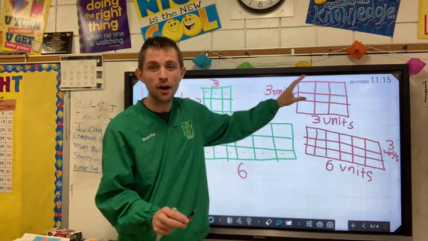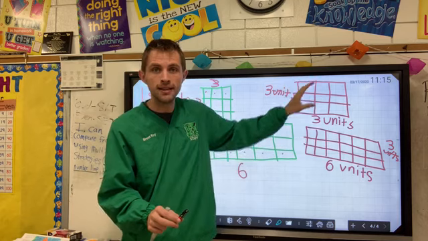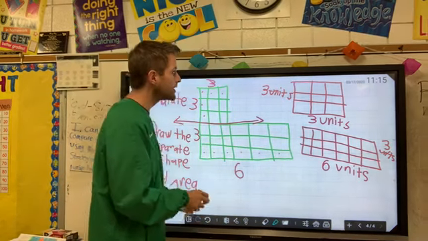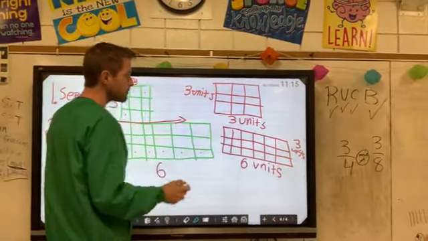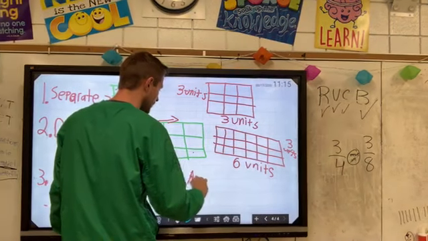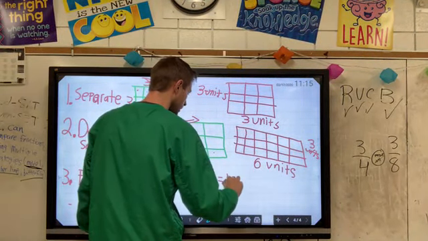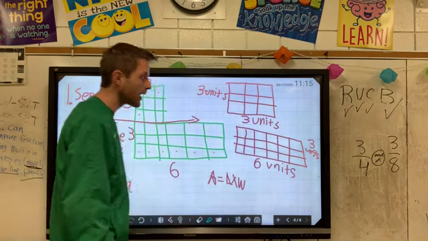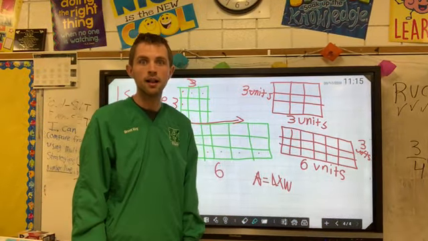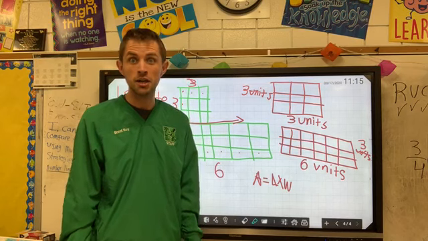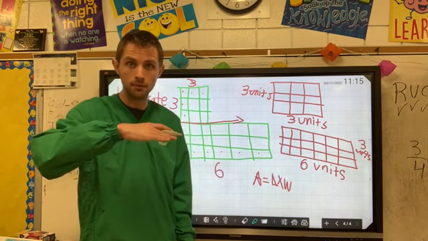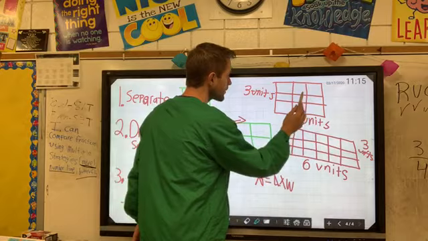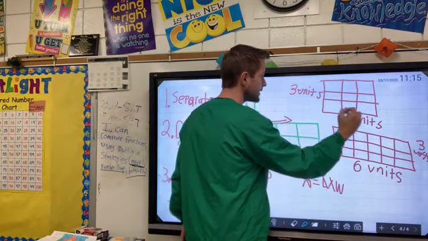Now we're finding the area of both of these figures. Since I have the length and the width of the square, remember area is length times width, because it's almost like an array. Area looks a lot like multiplication arrays where you have rows and columns. So we're going to multiply 3 times 3.